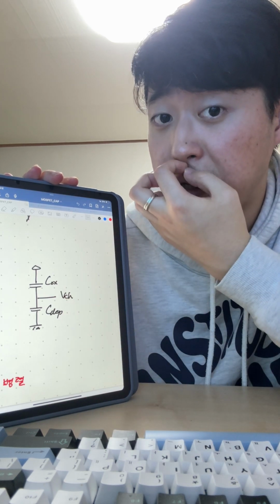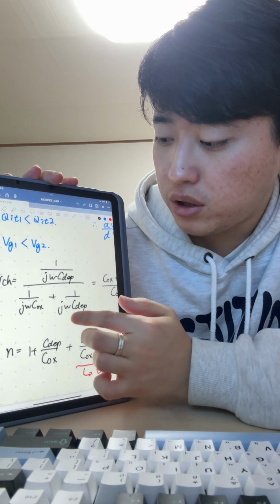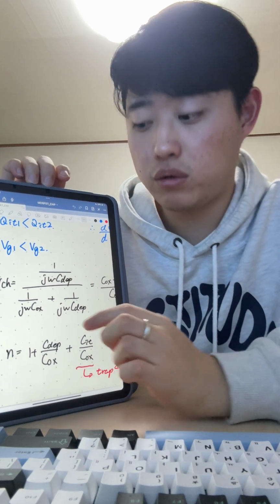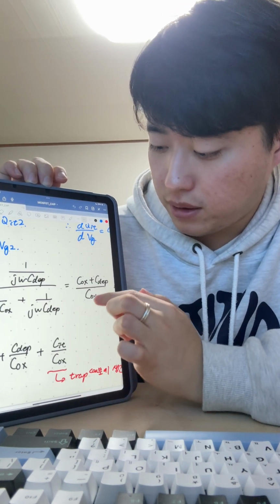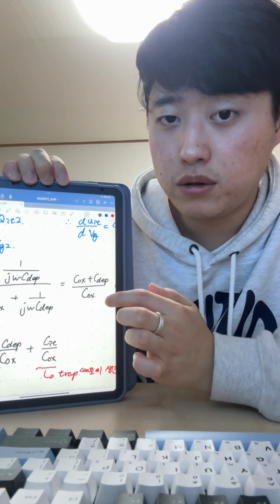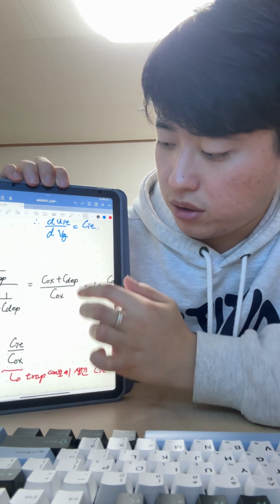Here is VCH, okay, so VCH is an electron voltage divider. So here this is the capacitance of here. VTH is here.